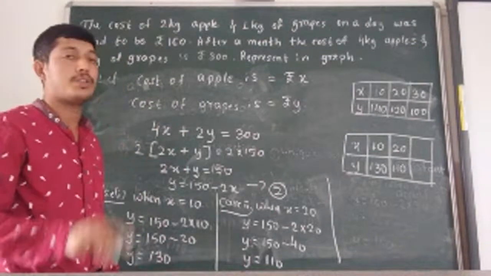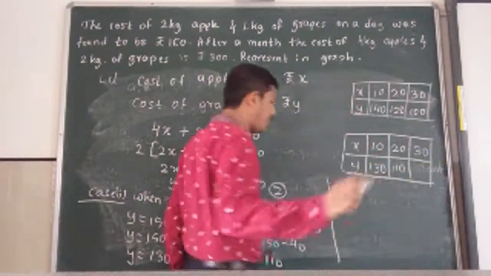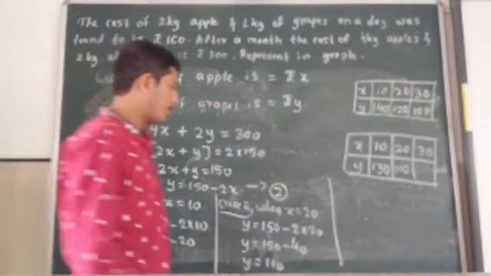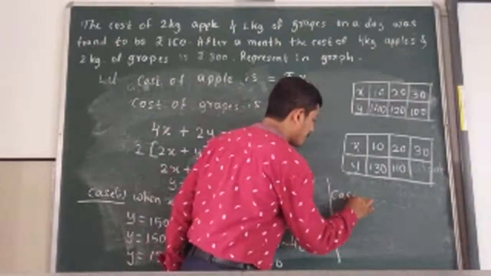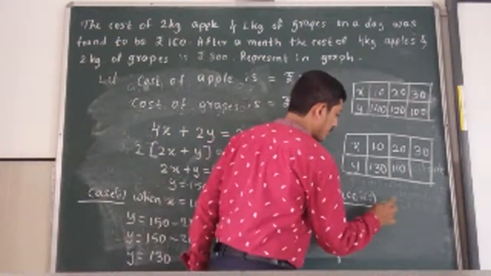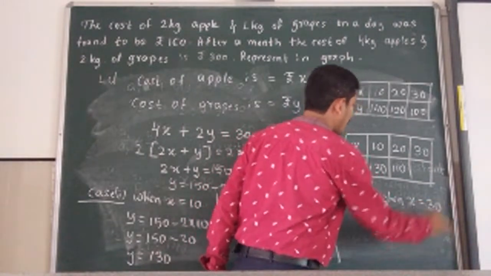Now we have to find out the third case. So I will consider the same value of x as 30. Find out first what is the value of y when x equals 30. So I will add a case 3 here. Case 3, when x equals 30.